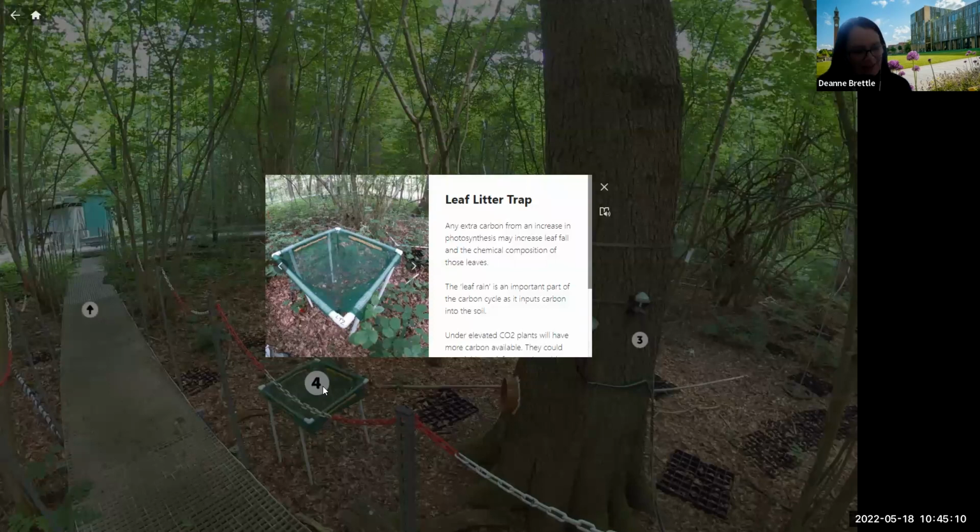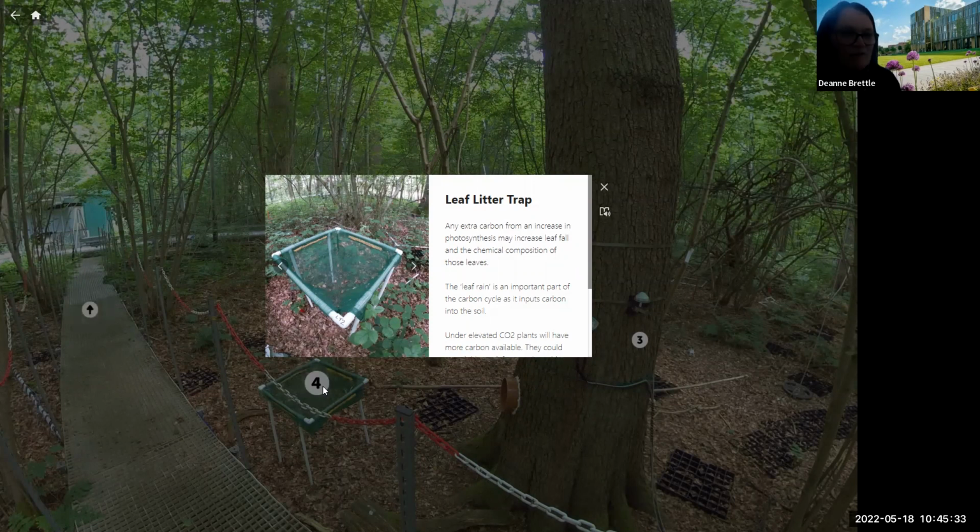So let me just do some maths. There's 63 of them. And so somebody has to each week during the autumn go and empty each of those 63 traps. And then once they've emptied them, they then have to sort them into all the different species of leaves and whether we've got reproductive outputs, that kind of thing. So it's a huge scale.